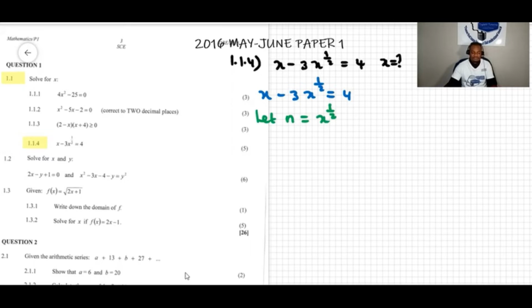then therefore, instead of me writing x here, I'm going to write n squared. I don't know if you see that.